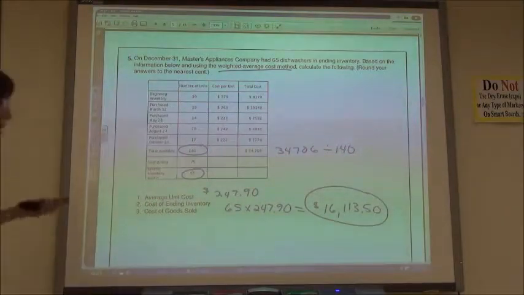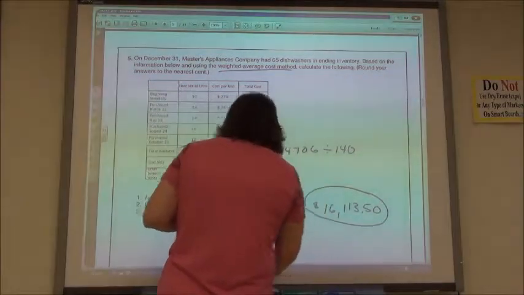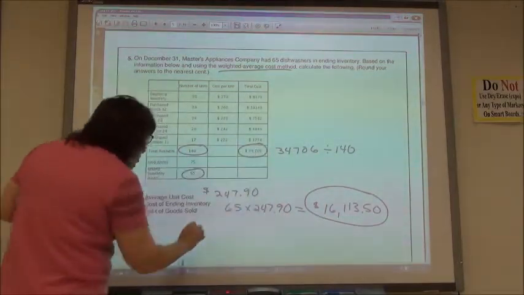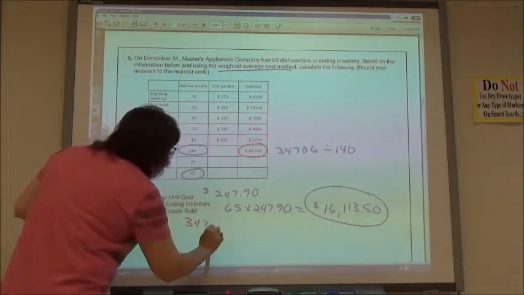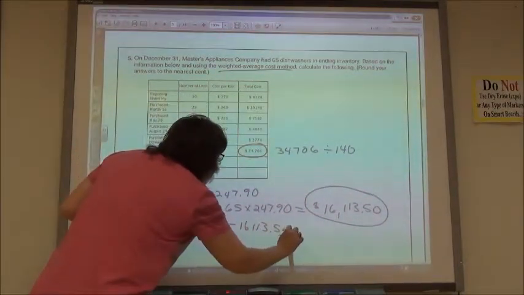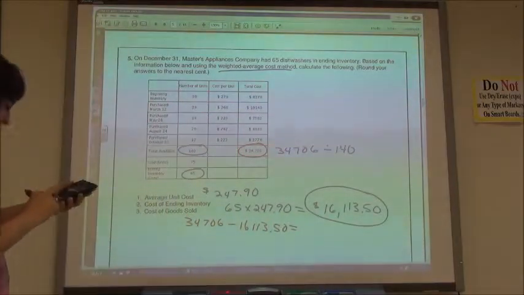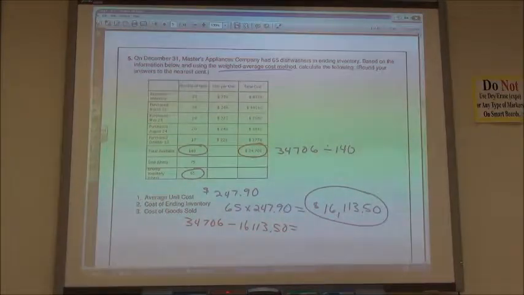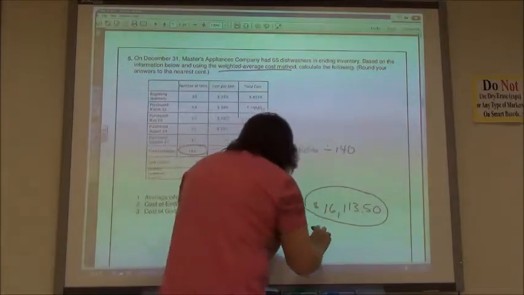And if I want to find the cost of my goods sold, then I'm going to take my total cost, $34,706, and subtract off my inventory. And so if I subtract there, I end up with $18,592.50.